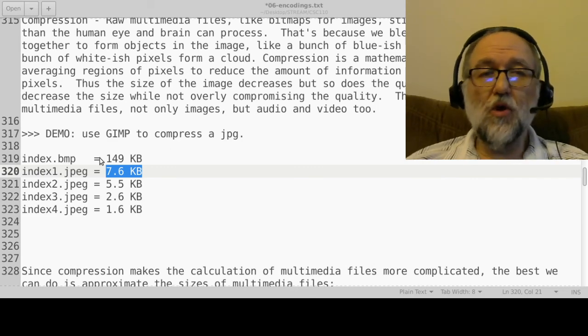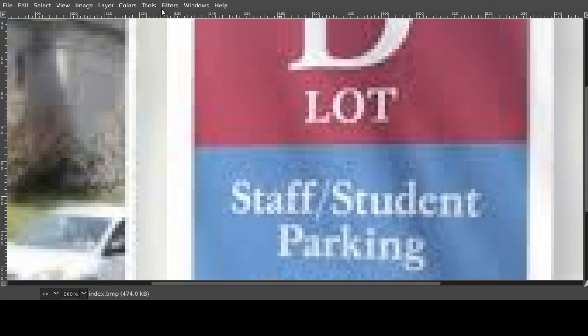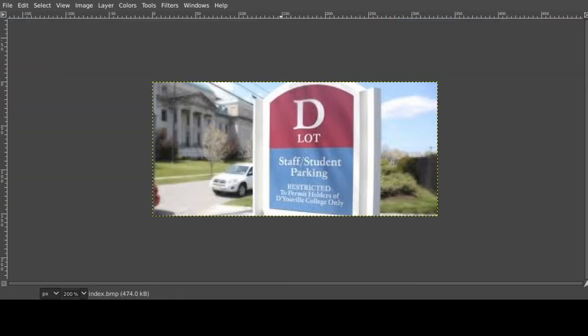So let's go through them. Let's go back to the original, and let me change it back to this size right here. This one is the original bitmap, and it is 149 kilobytes in size. Let's switch to this one.